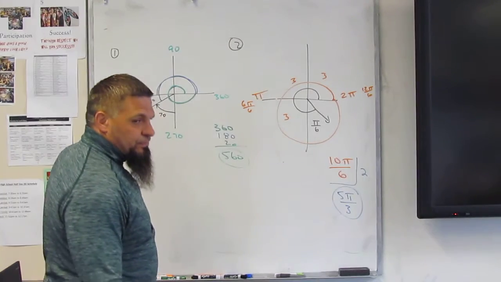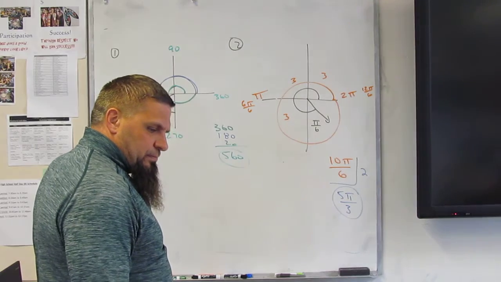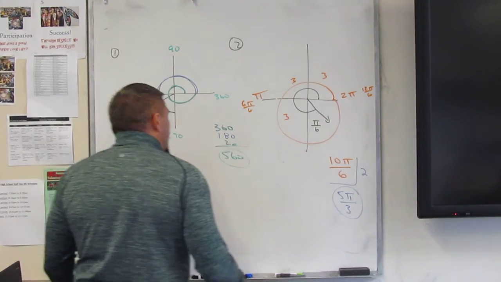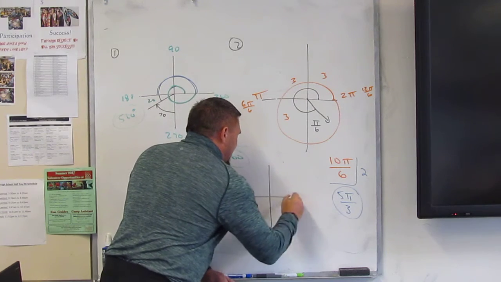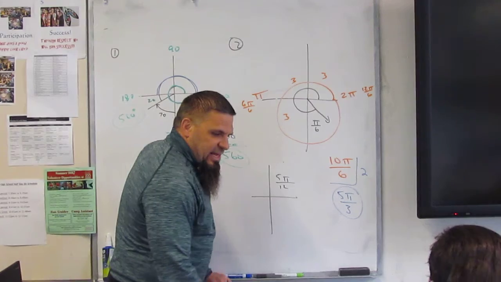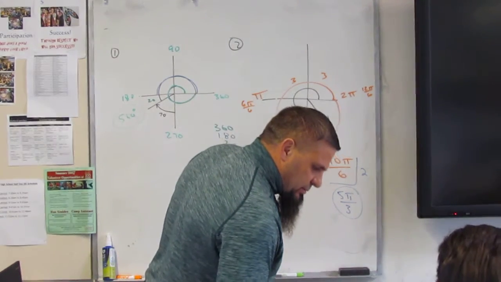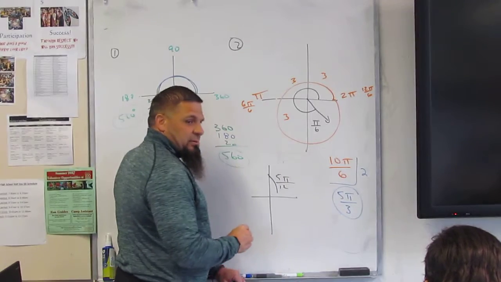What if the pi is smaller than the number? 5 pi over 4. So again, even if they have something like 5 pi over 12, and is that going up or down? See, that's going down. So they're saying that many.